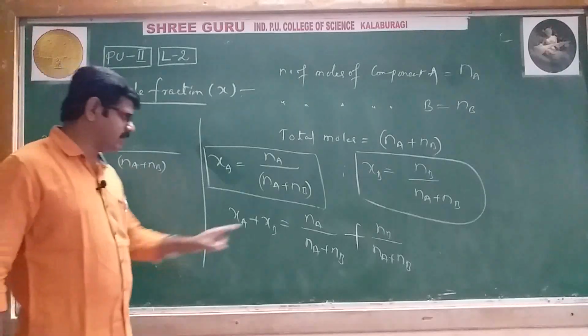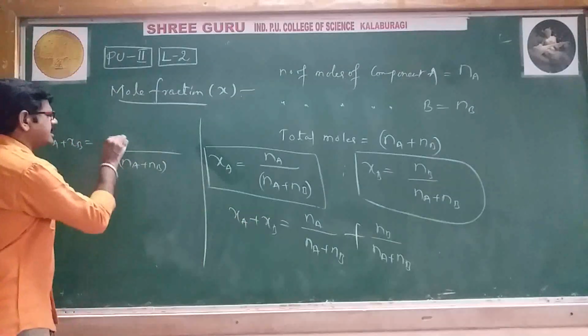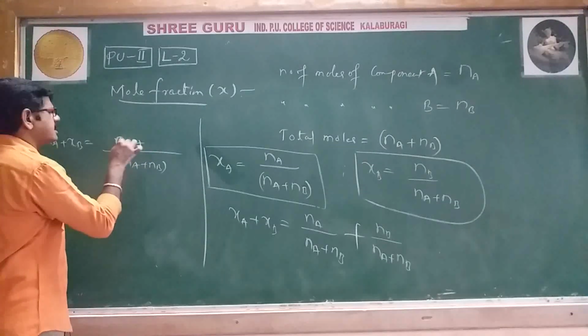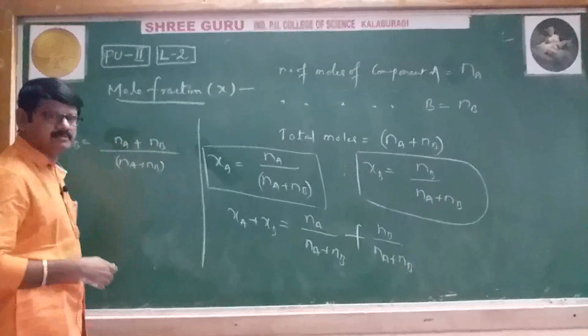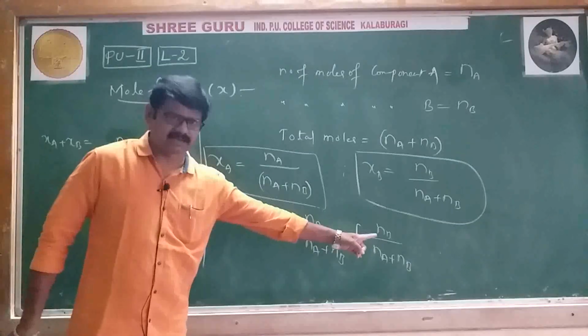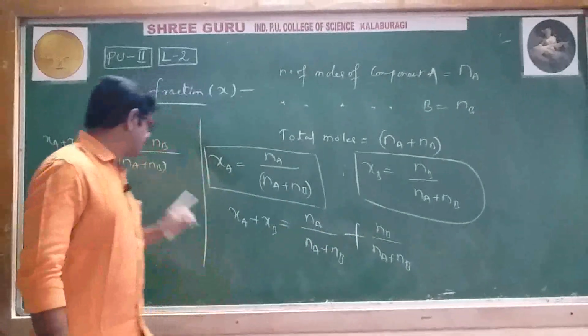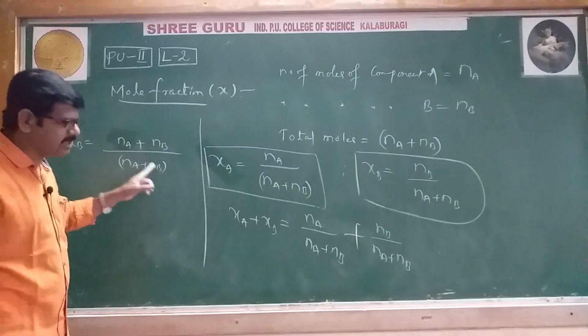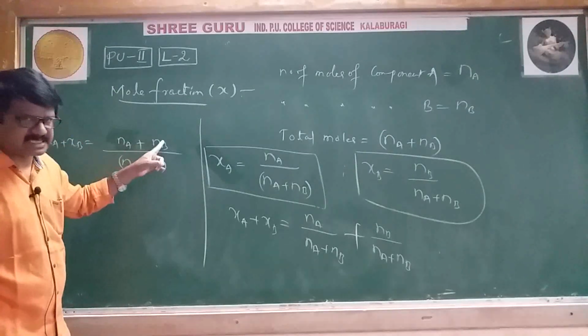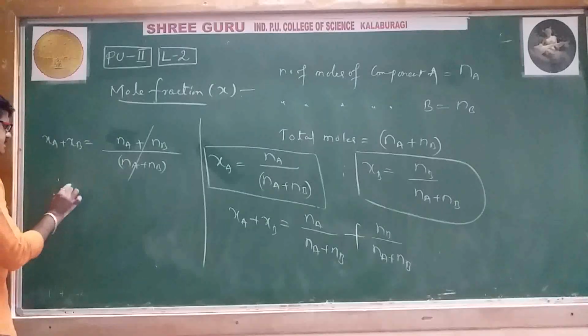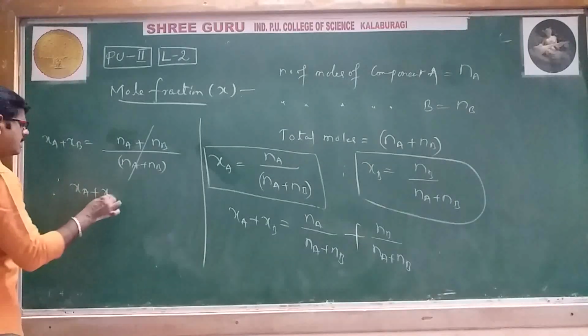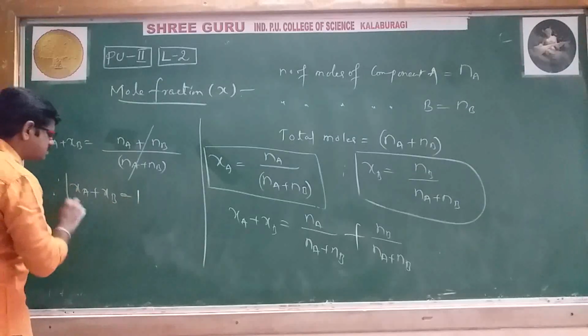Then in the numerator you will get Na plus Nb. Mathematical calculation that is already known to you. Na plus Nb in the denominator, and in the numerator also Na plus Nb, therefore we cancel them. After cancellation, you will get Xa plus Xb equals 1.